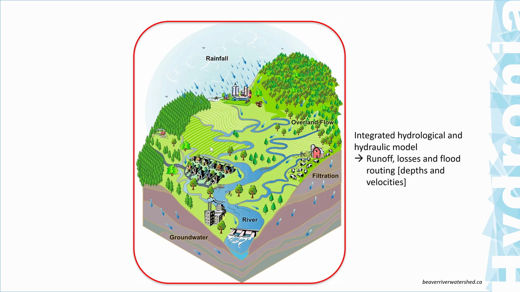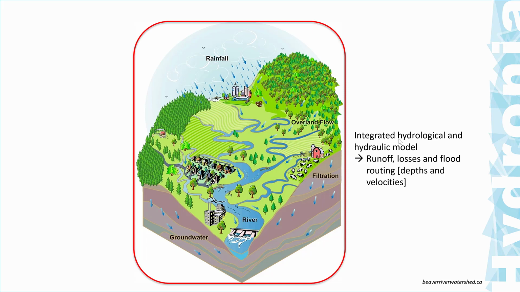Now, presently, more and more, there is almost no need to separate the hydrologic and the hydraulic processes. The trend is to use a unified or integrated approach where you model hydrology and hydraulics simultaneously, and you don't separate.